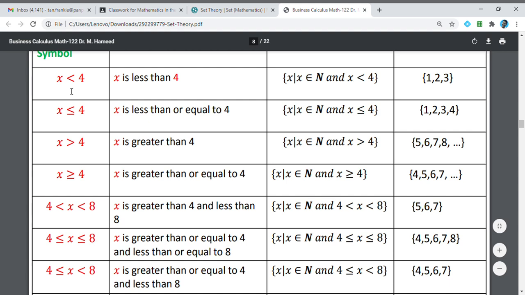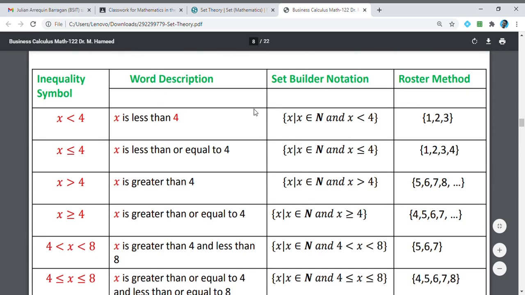We have x is less than 4. So this is the word description. Now, in terms of set builder notation, it can be expressed as the set of all x such that x is a natural number and less than 4.